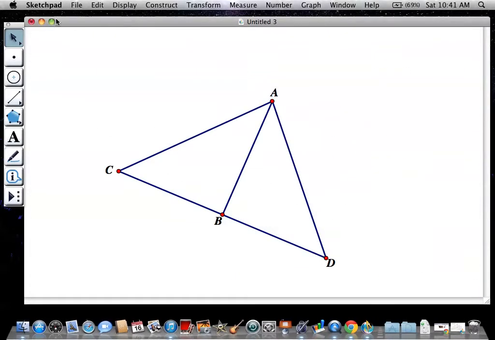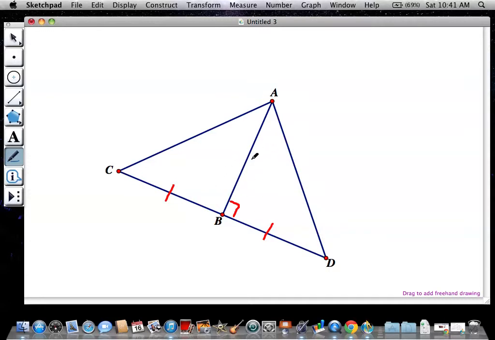I just have a generic triangle here, and I say that this line segment AB is perpendicular and it splits CD in half. So CB is congruent to BD.